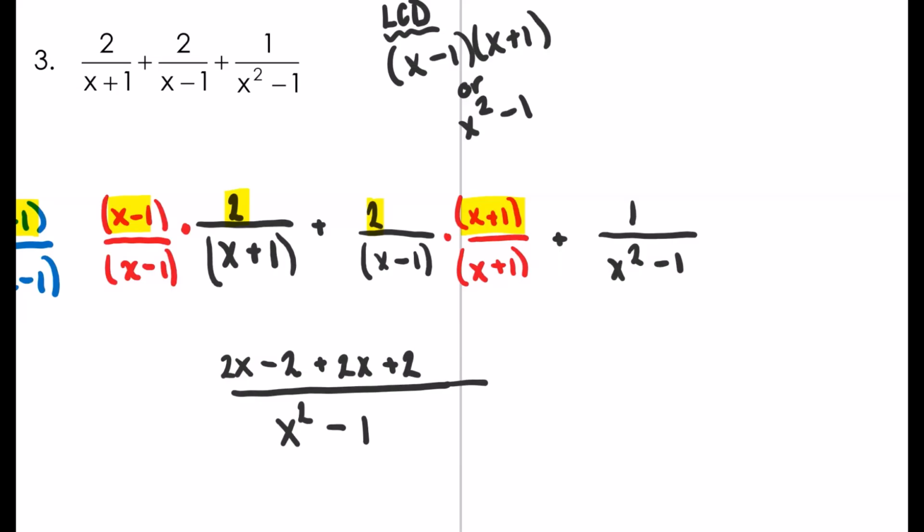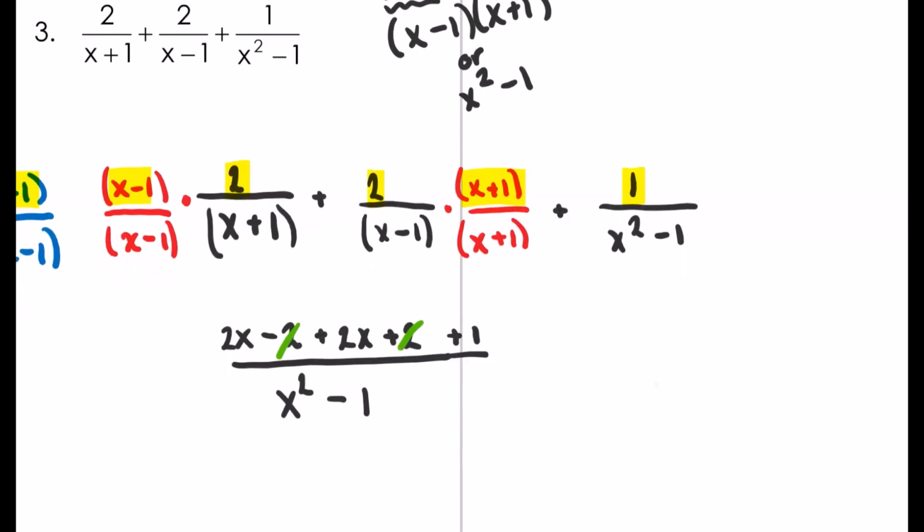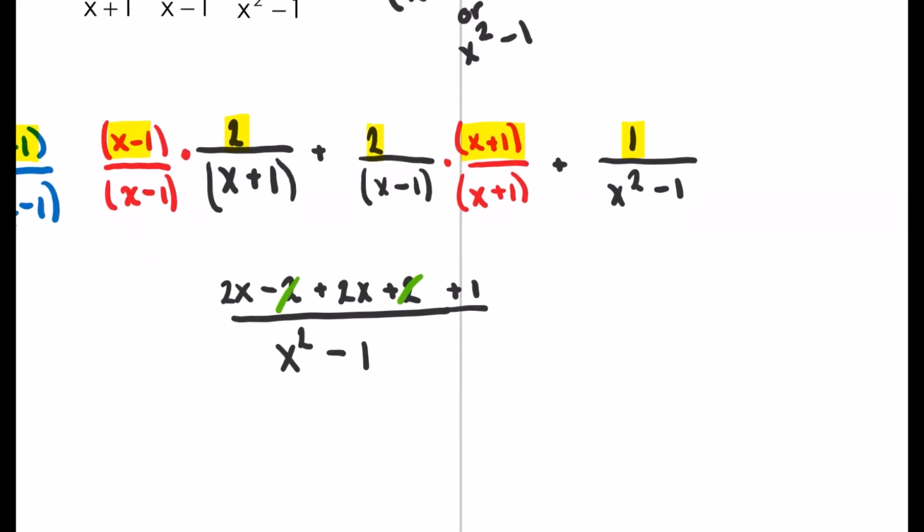And then my last fraction just has a numerator of 1, so we don't want to lose that. We want to make sure and have that on there. Notice that the 2's cancel, and my numerator is 4x plus 1. And then the denominator is x squared minus 1.